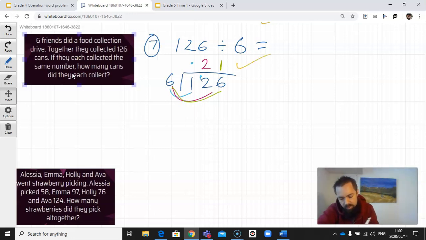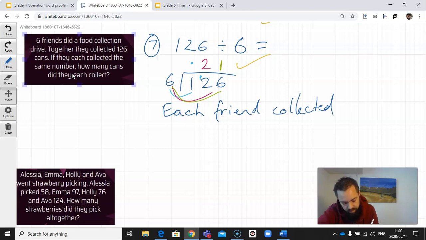So the second mark was for the 21. Each friend collected 21 cans. There we go, and that's the third mark.